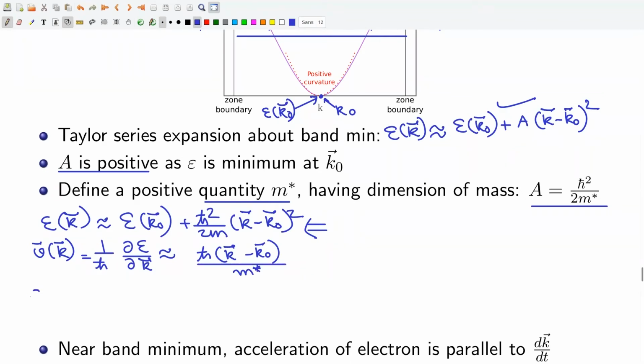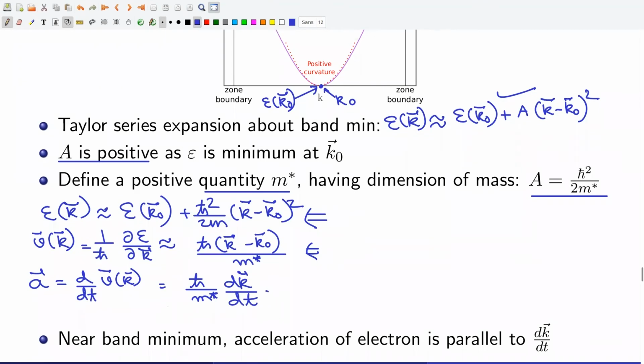Now we derive the acceleration, which is equal to dv dt, and using this equation we can write it as h bar by m star times dk dt. Thus, near the band minimum, acceleration of electron is parallel to dk dt.